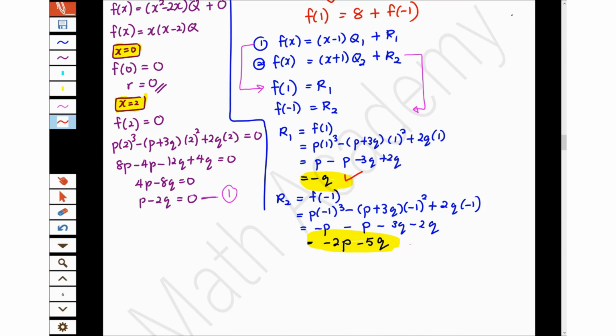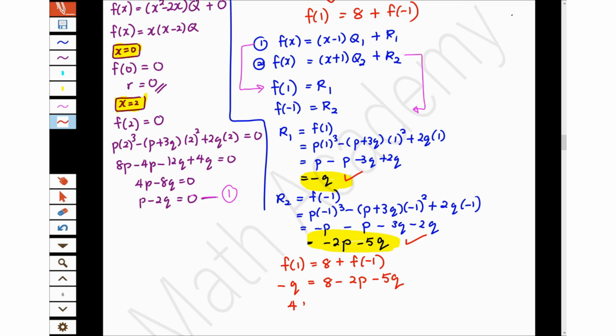So let's form the connection right now. f(1) is 8 plus f(-1). f(1) was negative q just now, and f(-1) is negative 2p minus 5q.